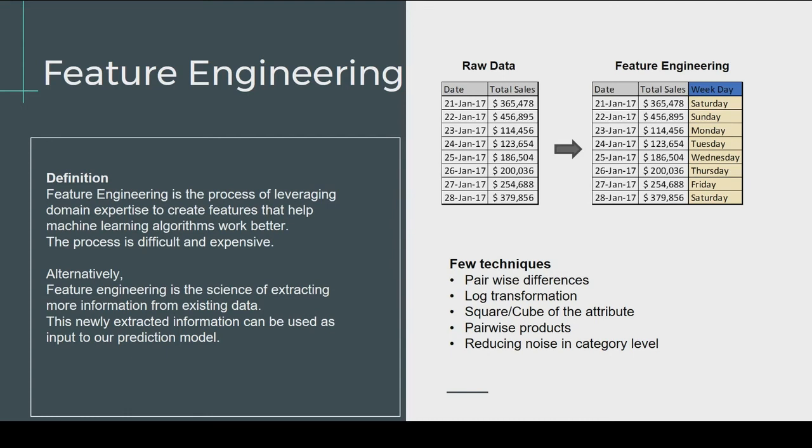So when you just consider a manufacturer as a single attribute, things might not be very informative. But when you combine two different categories together, so you combine manufacturer and the type of product together to create a cross product, a combined product, that might be more effective. So you combine two variables, you create a pairwise product, that might be more effective.